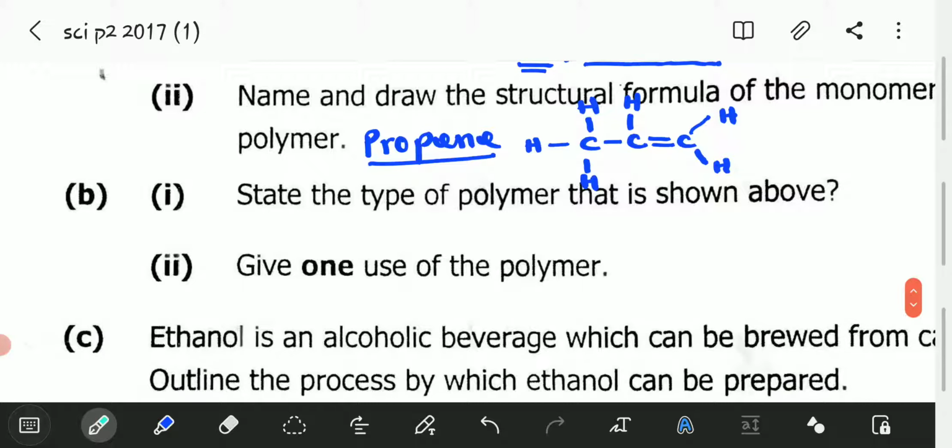Okay, we go to B1. They are saying state the type of polymer that is shown above.